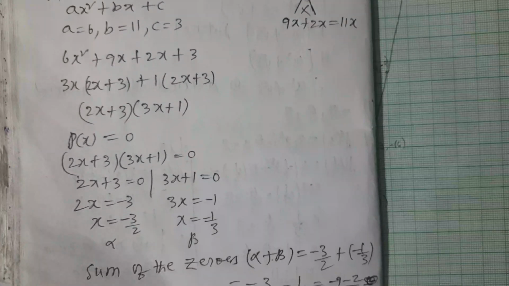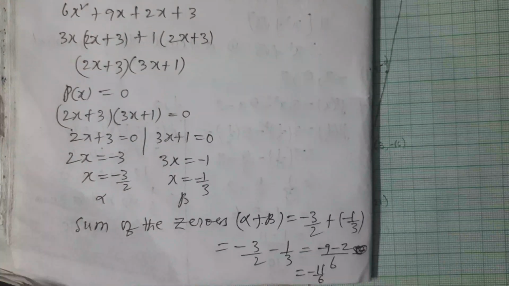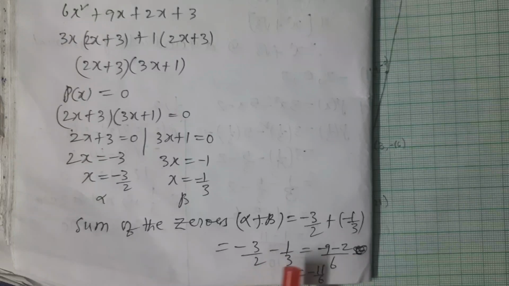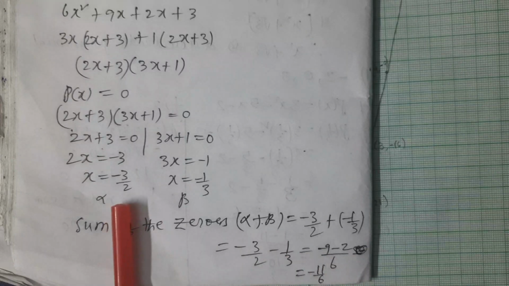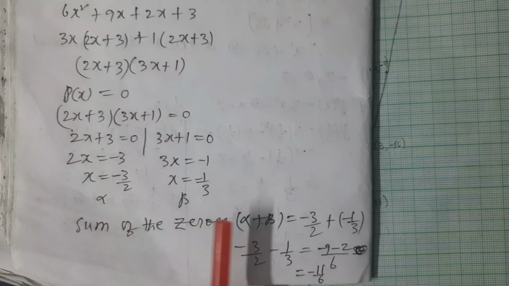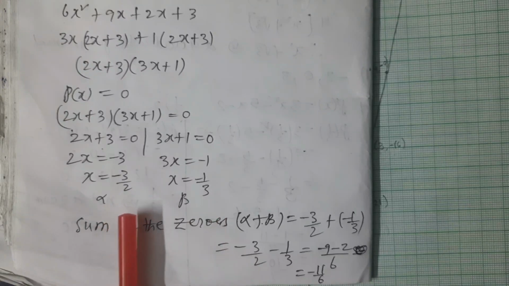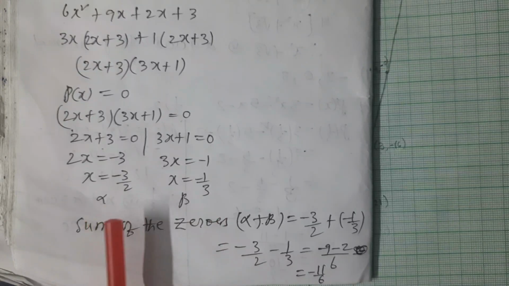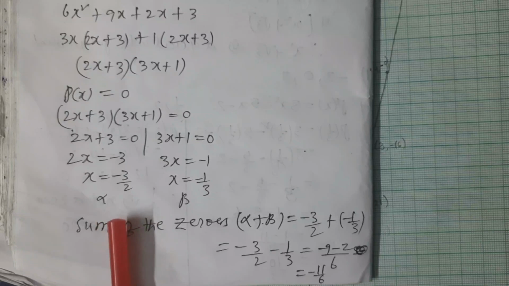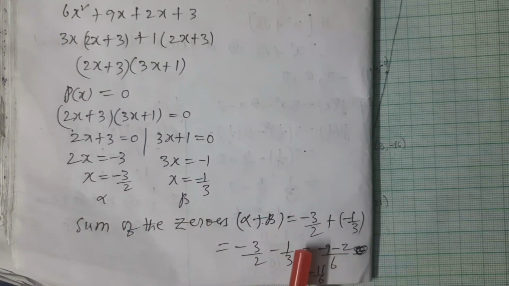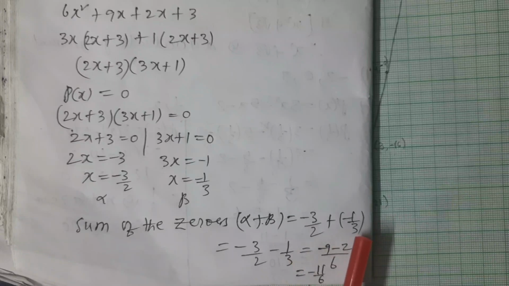Sum of the zeros, alpha plus beta. Already we know this is minus 3 by 2, alpha. Another zero, beta, because quadratic polynomial means two zeros are there. Those two zeros mean two solutions or two roots. That is alpha, another one beta. Two roots, that means minus 3 by 2 plus of minus 1 by 3. Minus 3 by 2 plus into minus, minus 1 by 3.